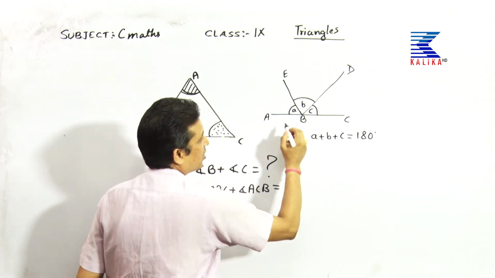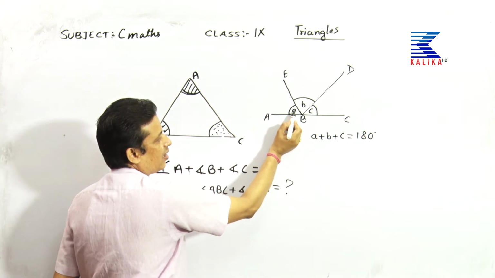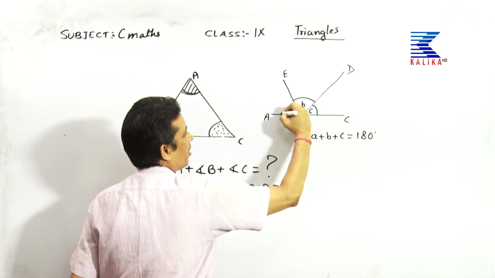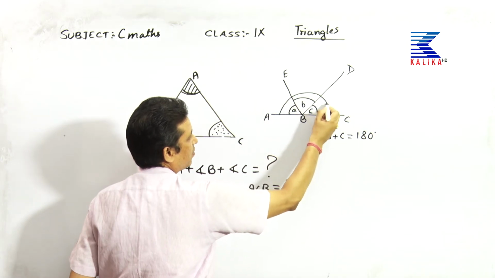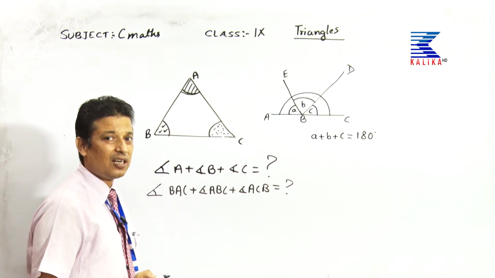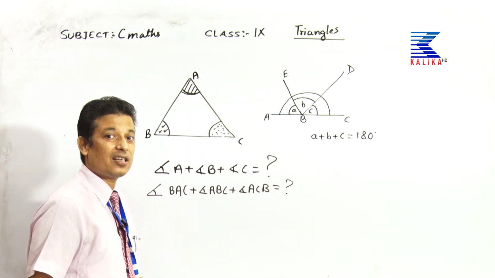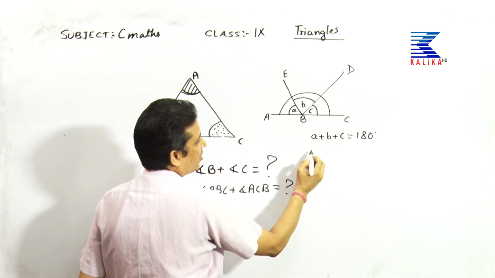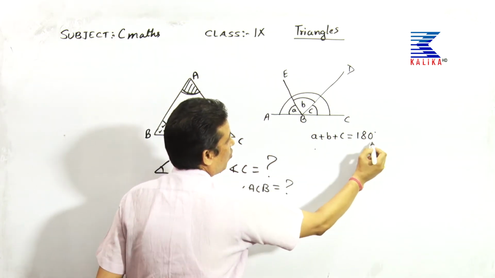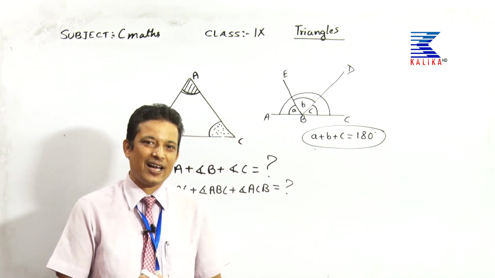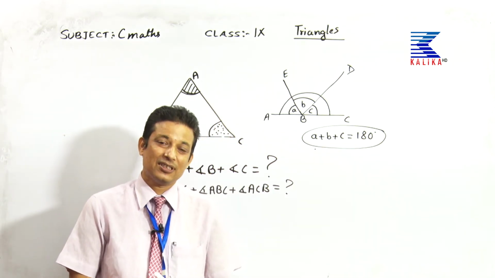It is because angle A, B and C make a semicircle. Look, they make a semicircle, they make a straight angle. Therefore, sum of these all three angles is 180 degree. This fact you should know, I know you know it well.